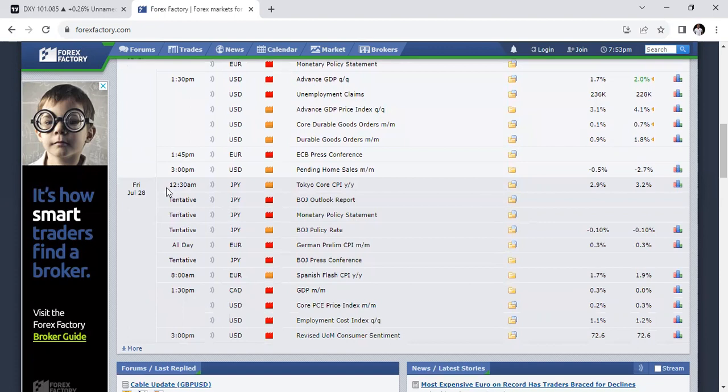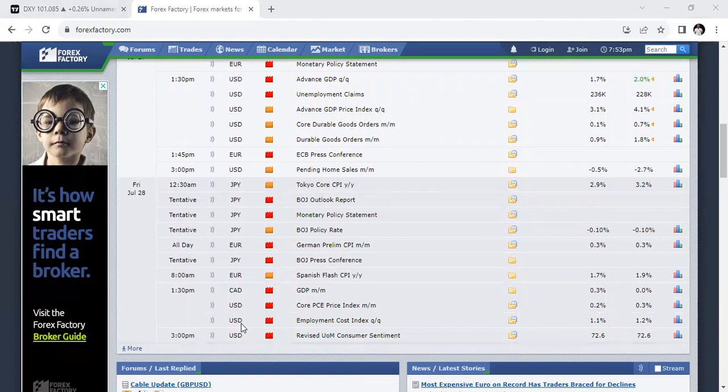Just like the AUD, look at the time when the news will be released, 12:30 a.m. Except you want to be awake by that time. But ideally, you don't want to have any trade on when there is a red folder or even an orange folder news.